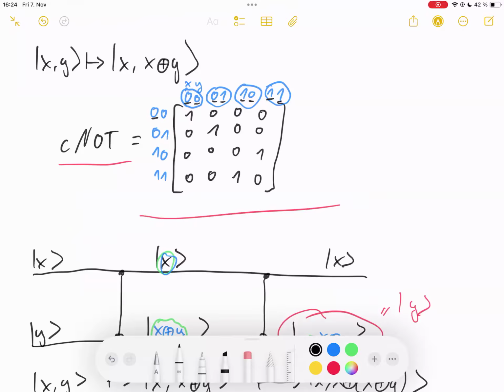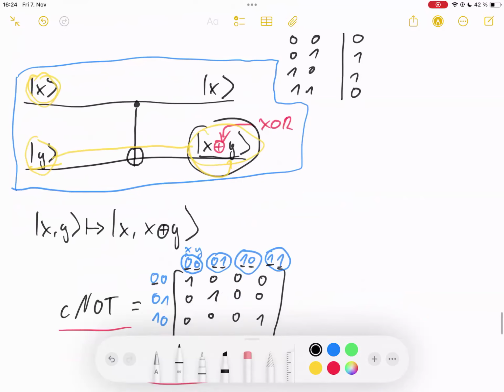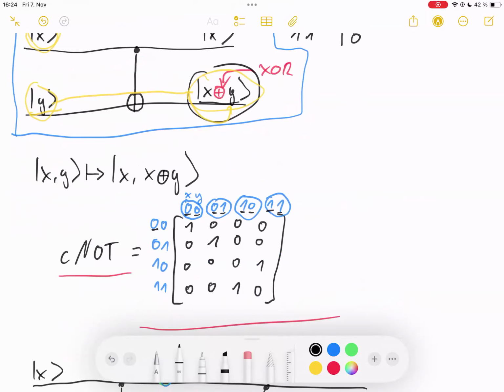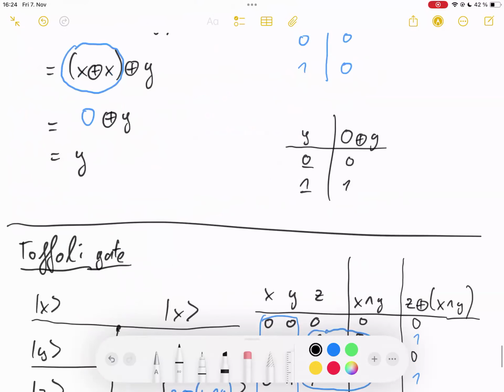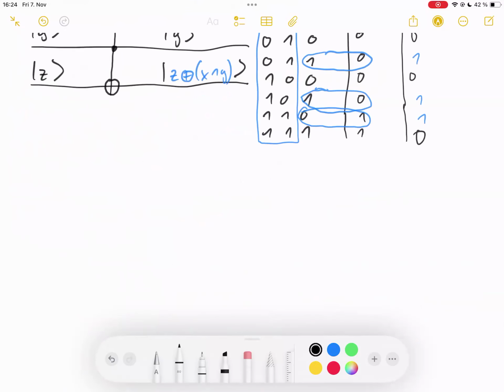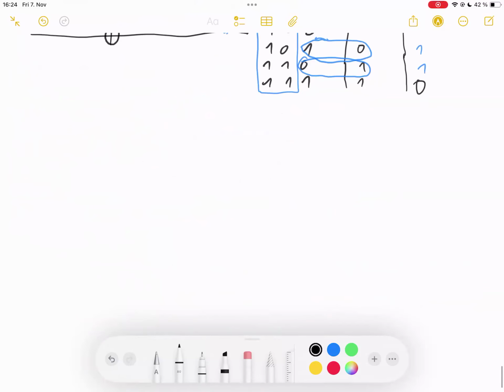Before we had the C naught gate, which had 2 inputs and 2 outputs, and we always said 2 to the power of that. So 2 to the power of 2, which is 4 times 4. And here we have 3 inputs, 3 outputs, so 2 to the power of 3. So an 8 times 8 matrix that we will build now. So we have 8 rows, and we also have 8 columns.